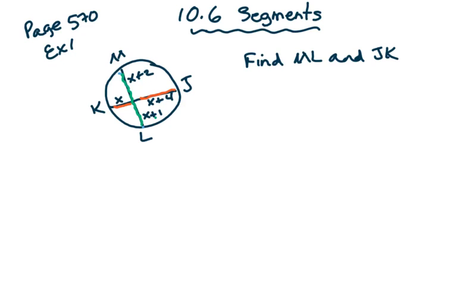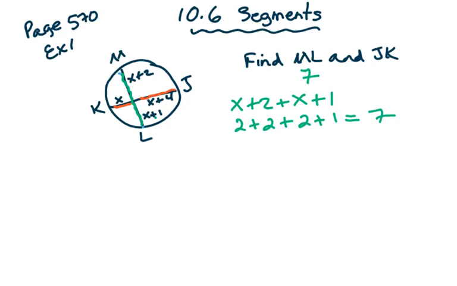Okay, so let's do green first. So x plus 2, and then there's x plus 1, right? So 2 plus 2 plus 2 plus 1 equals 7. So ML is 7.